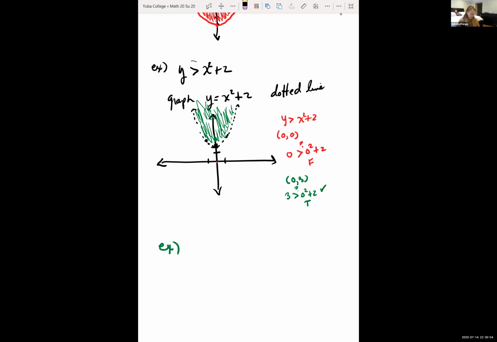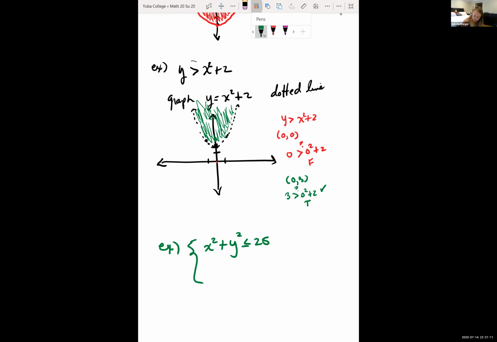So I'll graph each of the following inequalities. The first inequality is x squared plus y squared is less than or equal to 25.